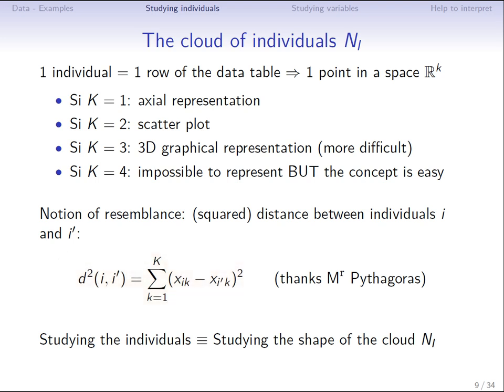So this is a straightforward definition of the concept of similarity. And therefore, when I finally want to study the cloud of individuals, I just have to study the shape of the cloud. So analyzing the distances between individuals is tantamount to studying the shape of the cloud of points.